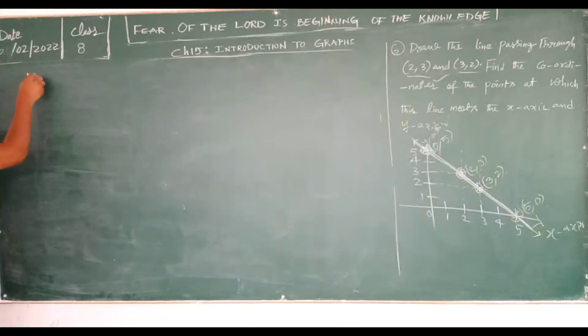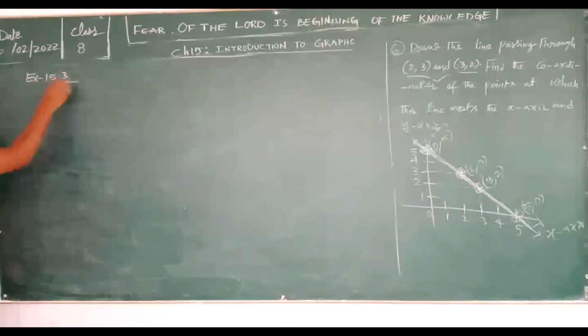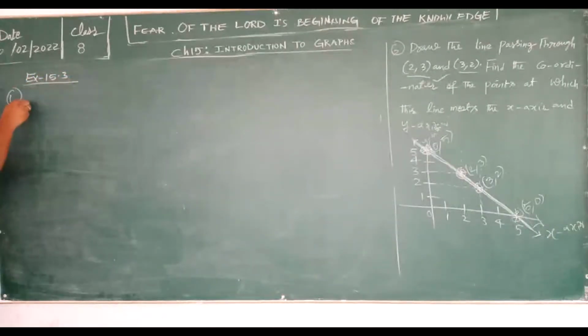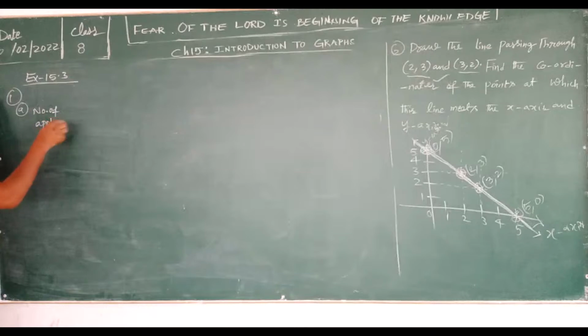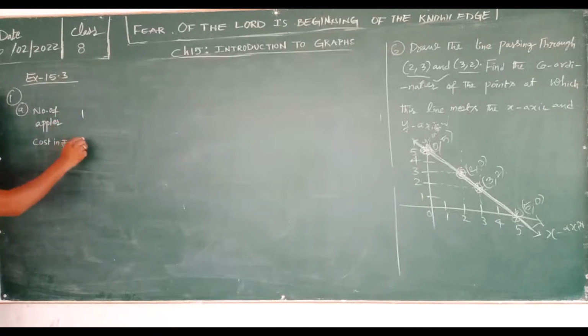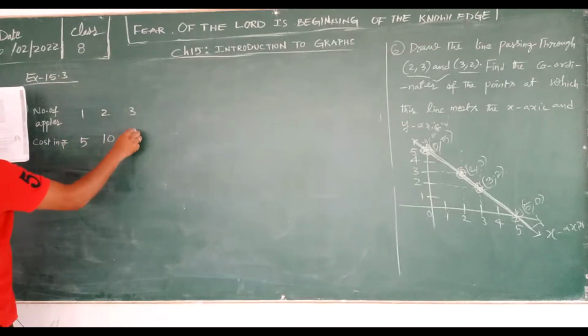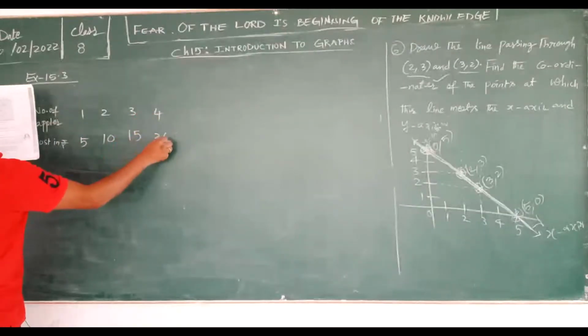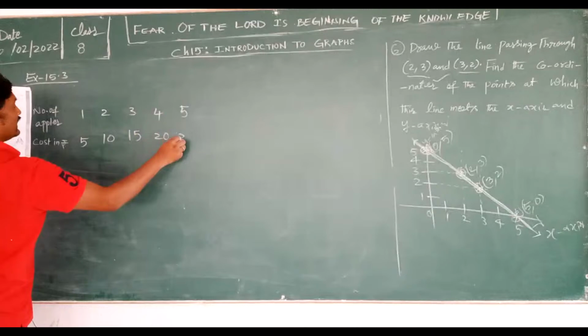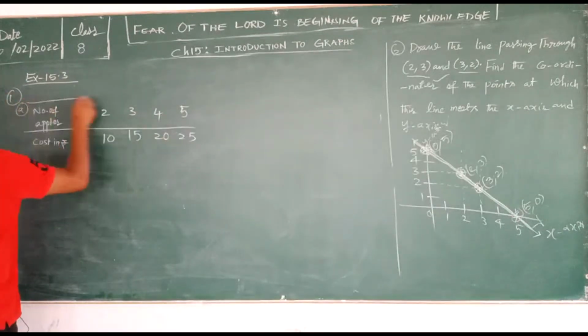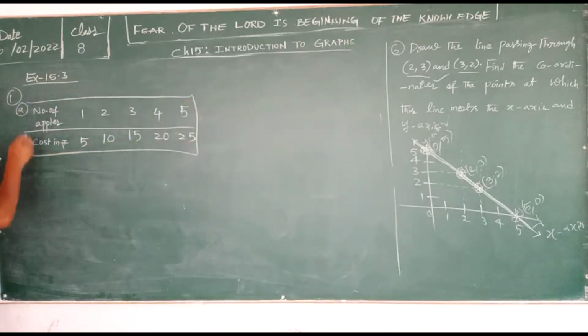So exercise number 15.3, in that first question A. Number of apples, cost in rupees: one apple 5 rupees, two apples 10 rupees, three apples 15 rupees, four apples 20 rupees, five apples 20 rupees. This you need to draw a graph.